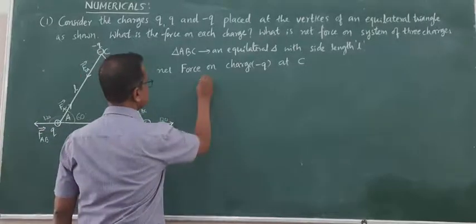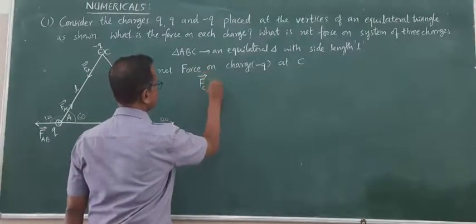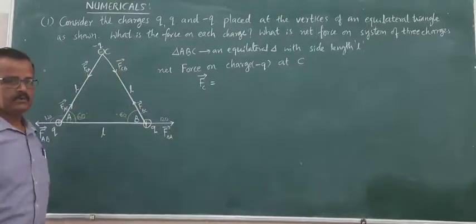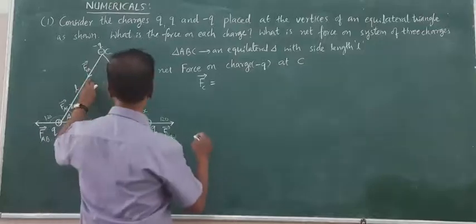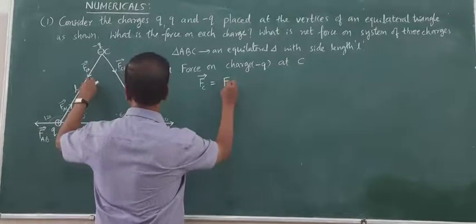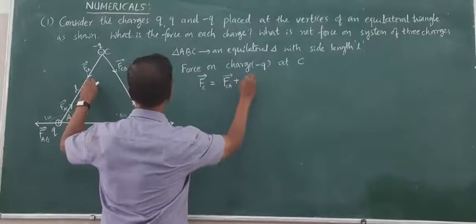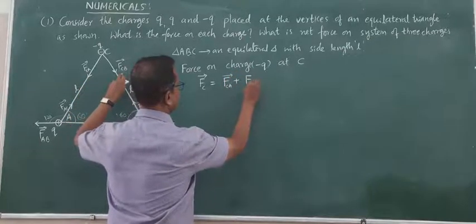So I will write it as vector Fc, force on charge at C. Vector Fc is equal to, look at these two forces, vector Fca plus vector Fcb.